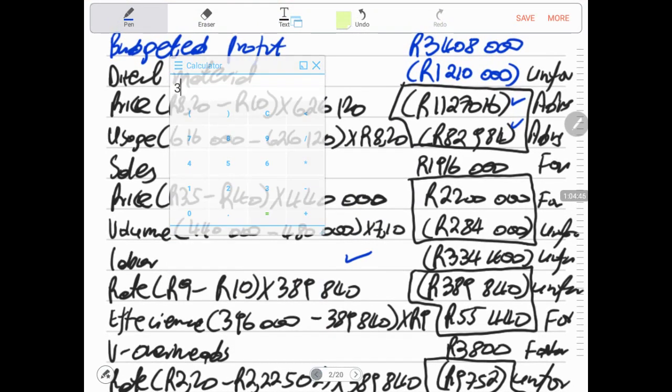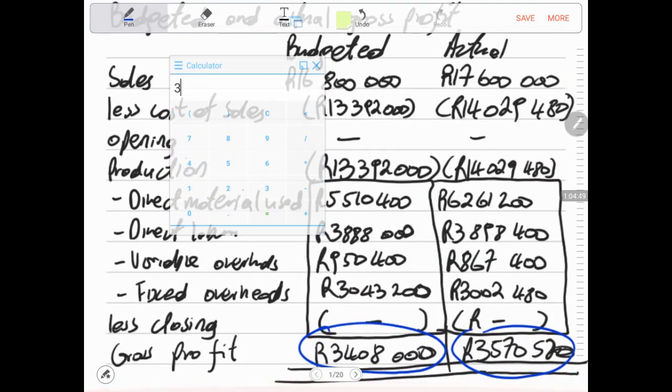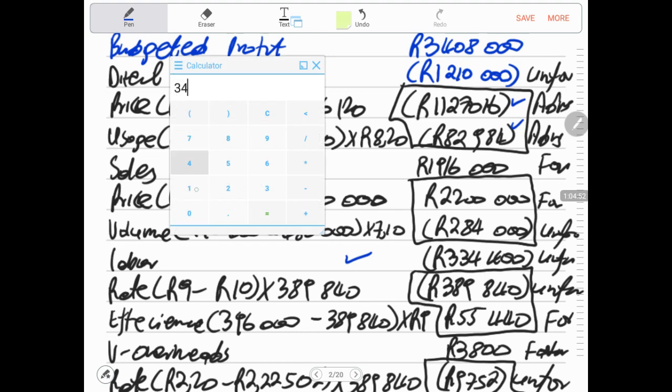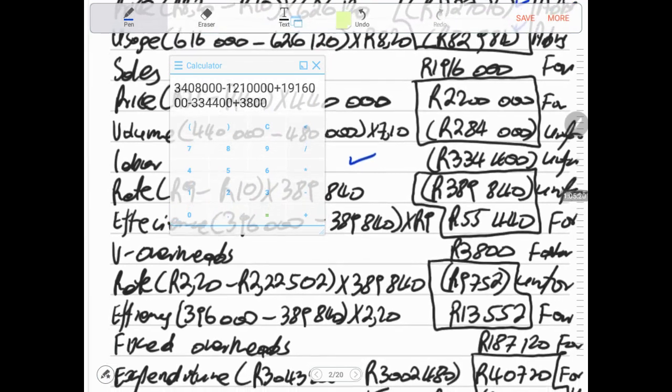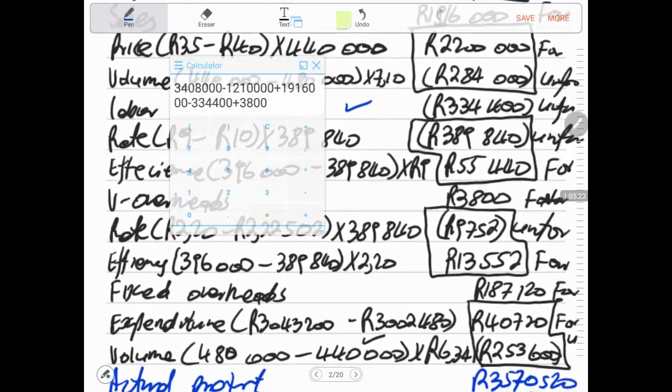We have the 3,408,000, minus 1,210,000, plus 1,916,000, minus 334,400, plus 3,800, plus 187,120.